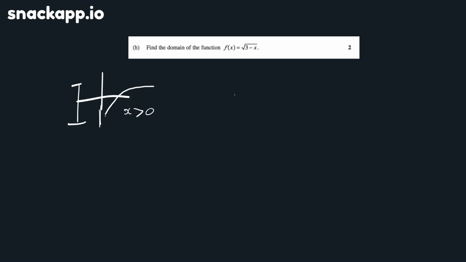Anyway, to this specific question, we have the function f of x is equal to the square root of 3 minus x. So when roots come into it, we need to think about the fact that when you take the square root of some number, let's say the square root of z, z has to be greater than or equal to 0. You can't take the square root of a negative number.